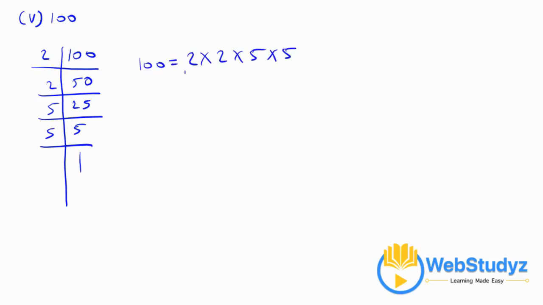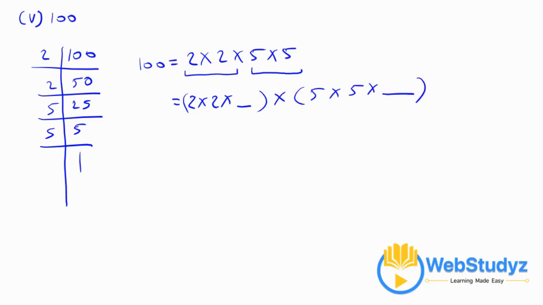Here we can see that we don't have a triplet of either 2 or 5. So we can write it like this: 2 into 2 into bracket, one triplet, multiplied by 5 into 5 into bracket, another triplet.